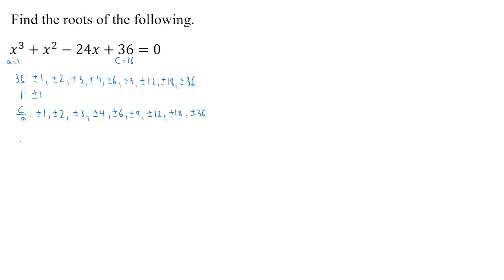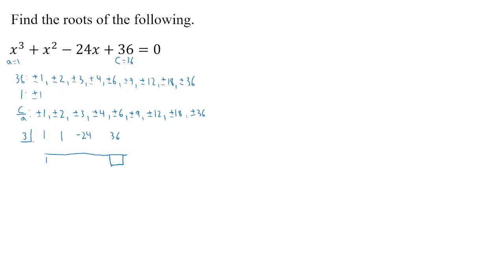We're going to use synthetic division. So this is 1, 1, negative 24, 36. Draw a line, draw our remainder box. So now we're going to see which number we're going to try first. Let's try 3.